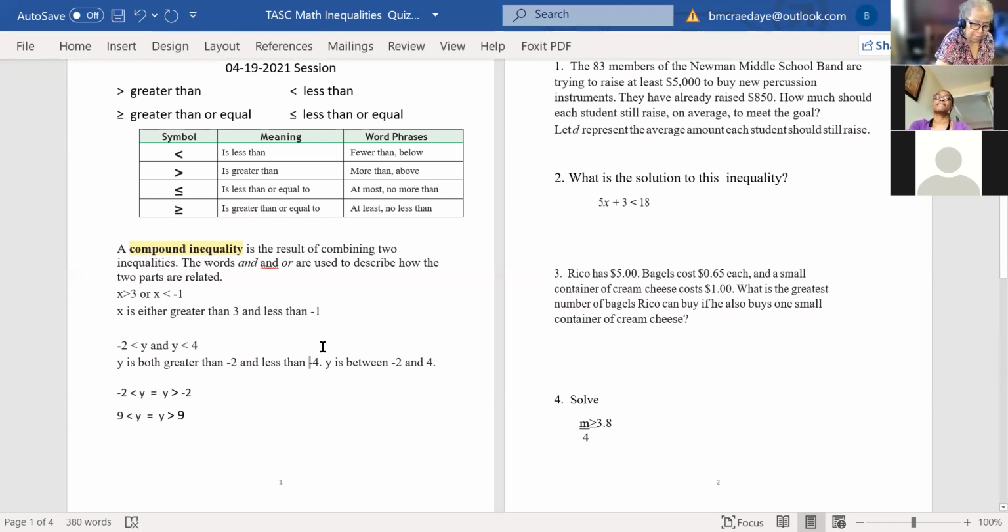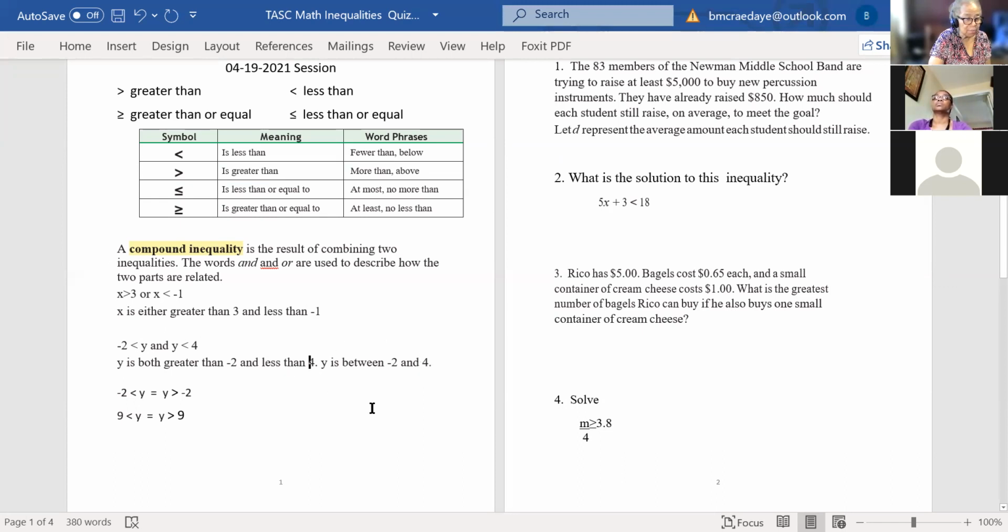Okay, that's a plus, we'll just say 4. So y is between a -2 and a 4. So for combined inequalities, when it's an and, the variable is within a range.